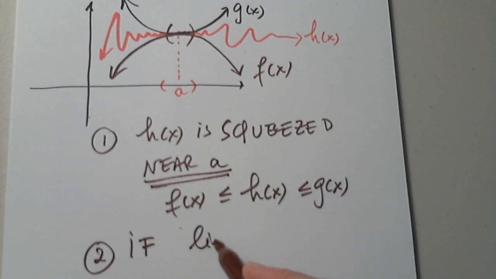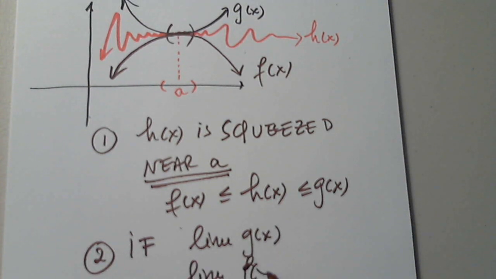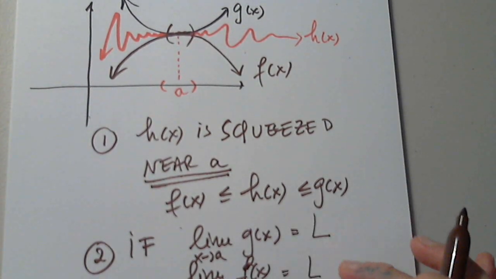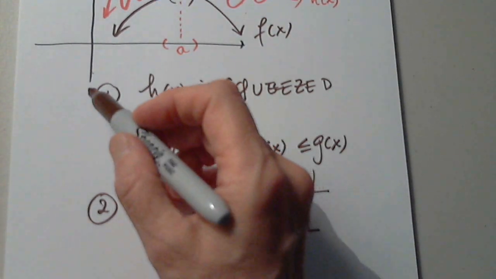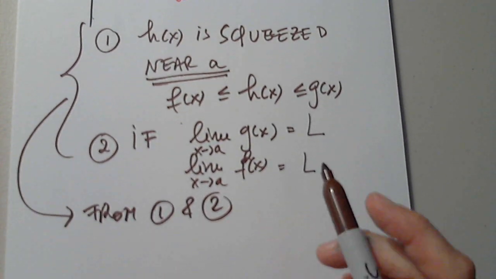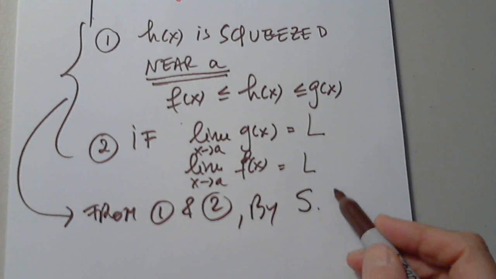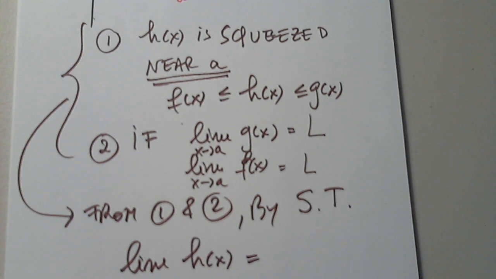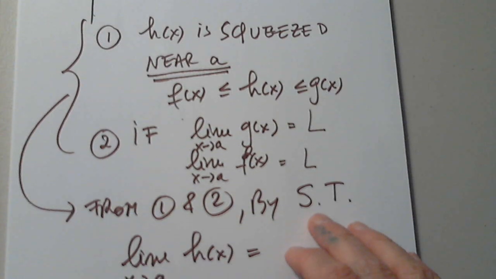Number 2: if the limit of g of x and the limit of f of x as x approaches a both exist and they are the same number, a wild guess from 1 and 2, by the squeeze theorem, what do you think we will conclude about the limit of h of x as x approaches a from either side?